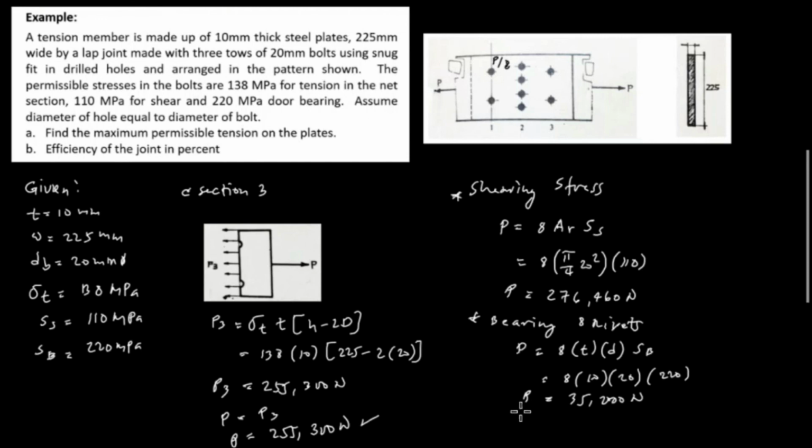Based on all the forces from section 1, section 2, section 3, shearing stress P, bearing stress for P, the maximum P that is permissible based on tension on the plates is equivalent to 255,300 Newton.